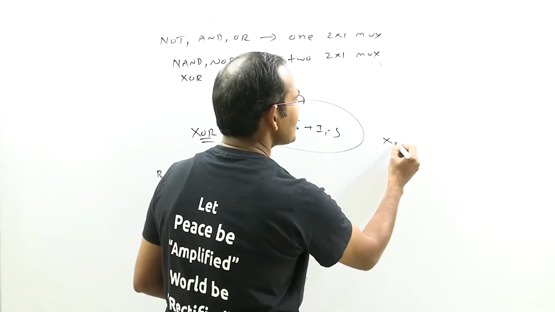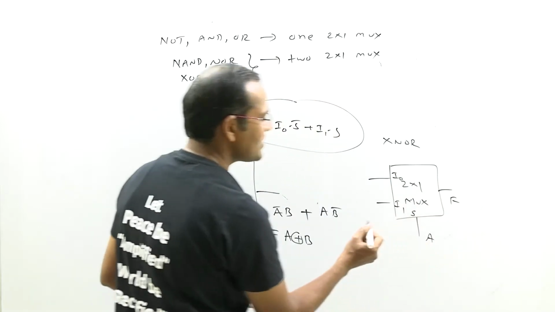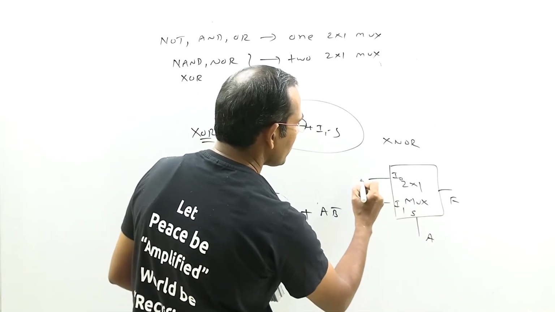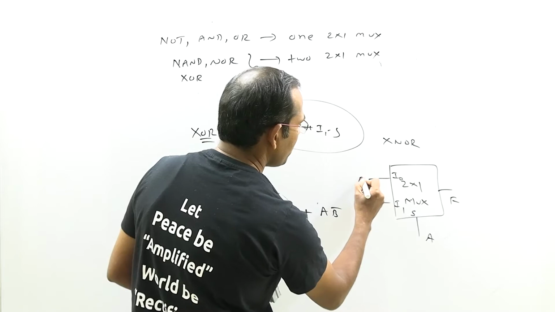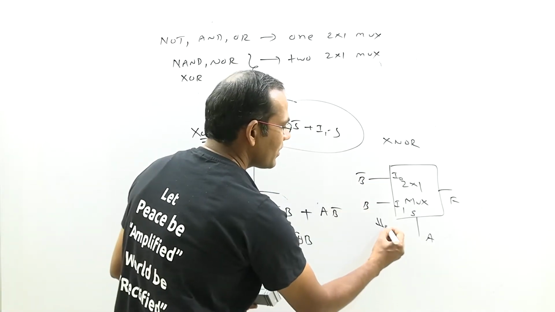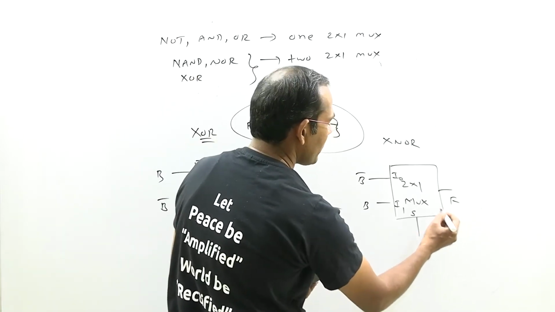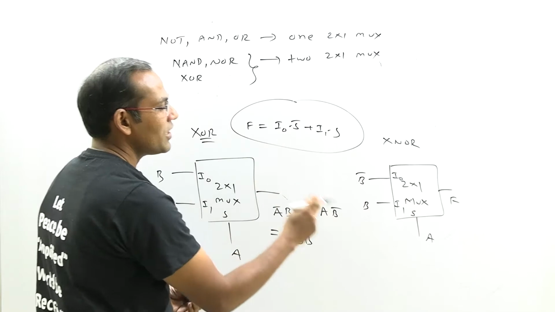Similarly, we can design XNOR. The design is like this. This will be B bar, this will be B. You can verify. The expression will be like this. Always S bar into I0.